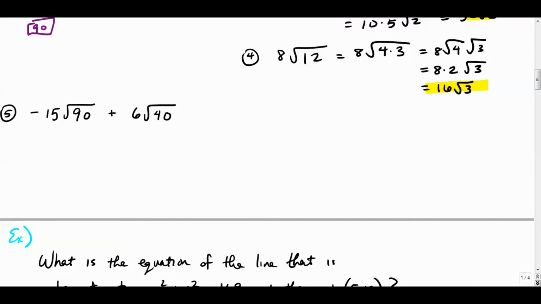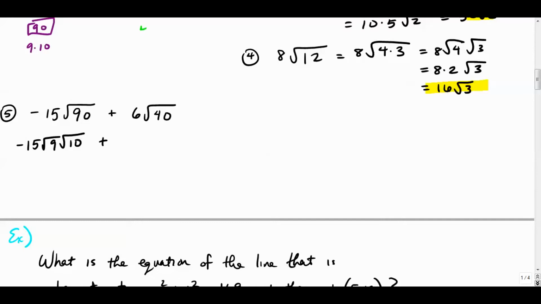It's 1 times 90, 2 times 45, 3 times 30, and let's see, 5 times, nah, that's not going to work. Well, how about this? How about 10 times 9? That seems pretty easy, right? 9's a perfect square. So I'm going to rewrite this, -15 radical 9, radical 10.